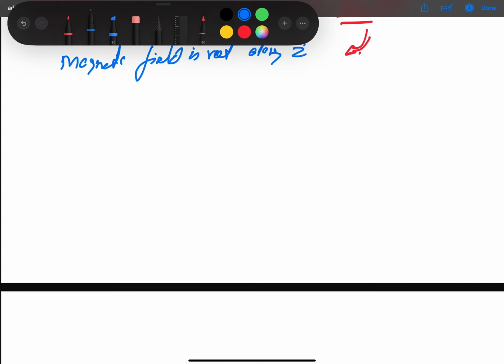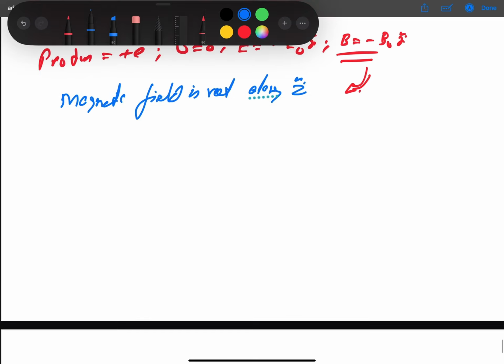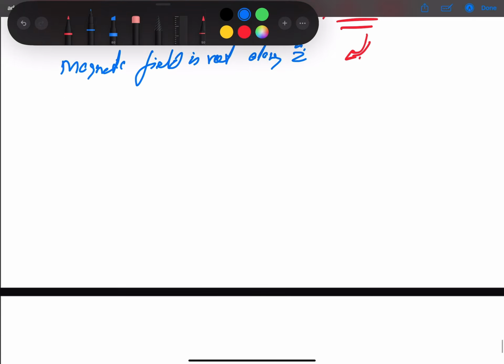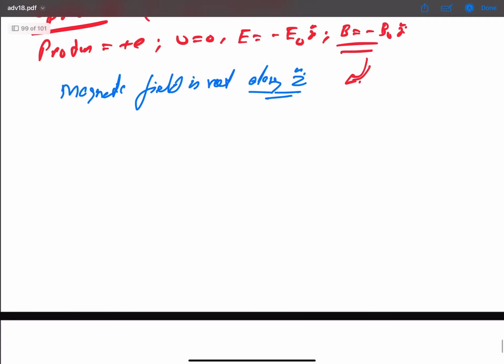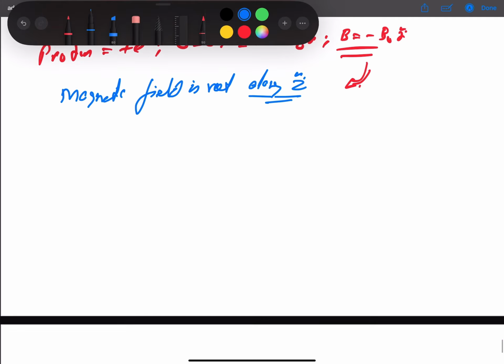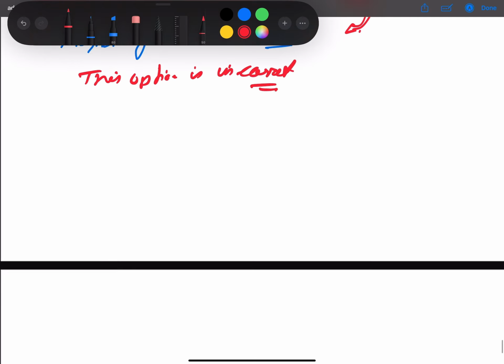The particle is going to accelerate in the x direction, and because the initial velocity is 0, there will be no helical motion. So this option is incorrect.